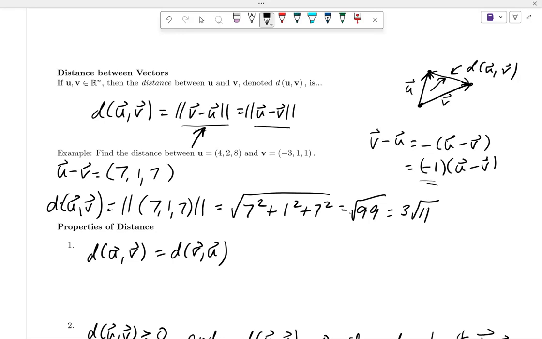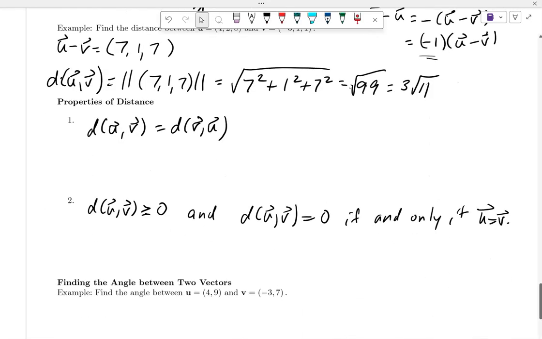If that turns out to be 0, then you had to use v minus u as the 0 vector, or the u and the v were the same vector to start with. So again, this second property is just a consequence of that fourth property of inner products. And you want it to be that way, right? The only way that you can have a distance of 0 is if you didn't move anywhere. That's basically what that says.